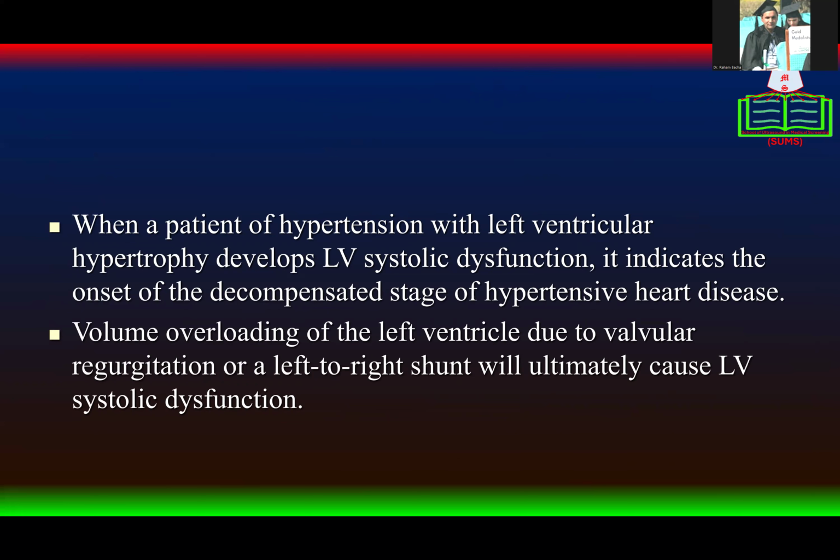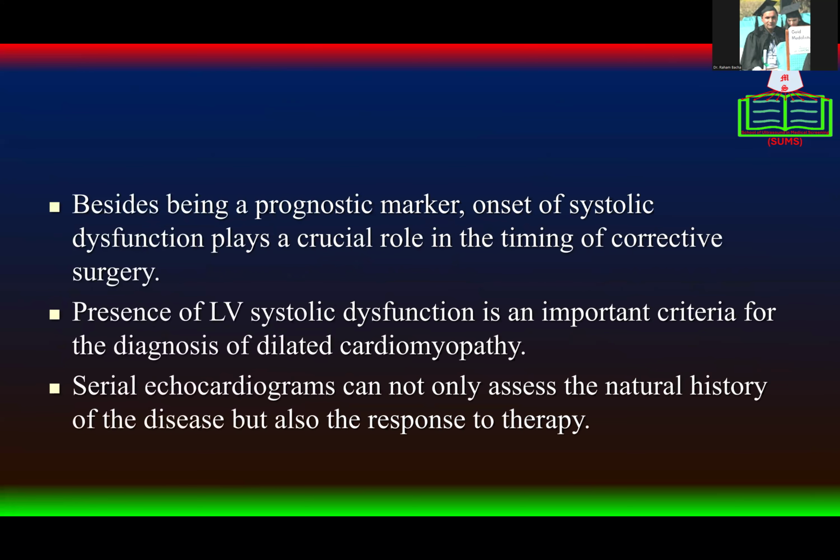Volume overload of the left ventricle due to valvular regurgitation or left-right shunting will ultimately cause left ventricular systolic dysfunction. Besides being a prognostic marker, onset of systolic dysfunction plays a crucial role in the timing of the corrective surgery as well.